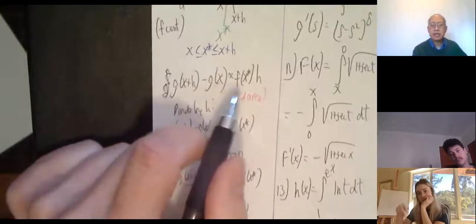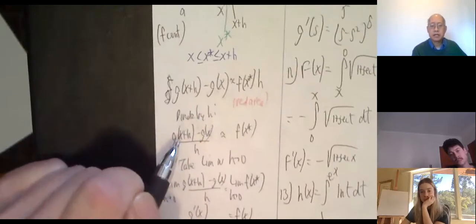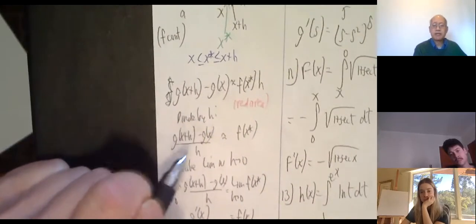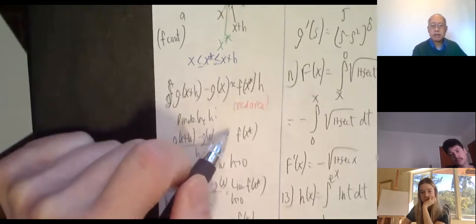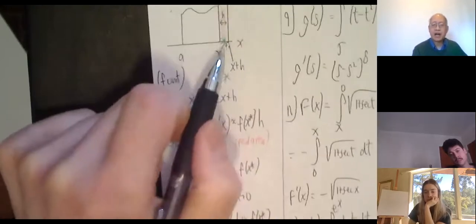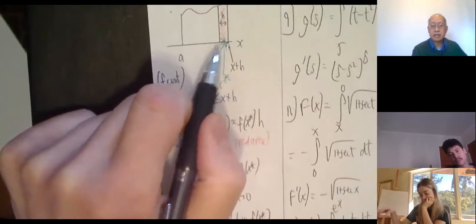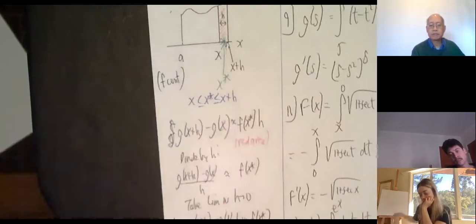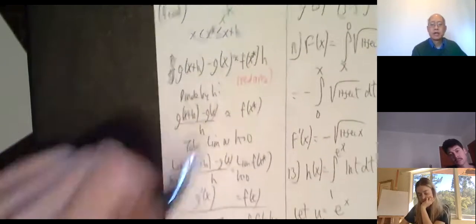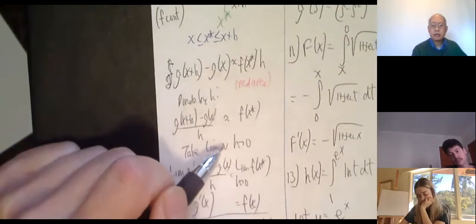Divide both sides by h. Looks like this. g of x plus h minus g of x divided by h is approximately f of x star. x star is any number between x and x plus h, including x and x plus h. Then we take the limit as h approaches 0. Okay, so let h approach 0.